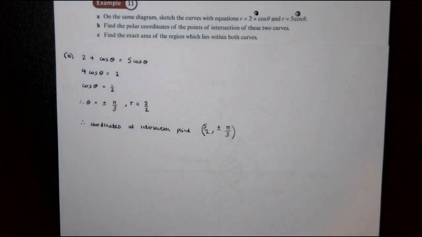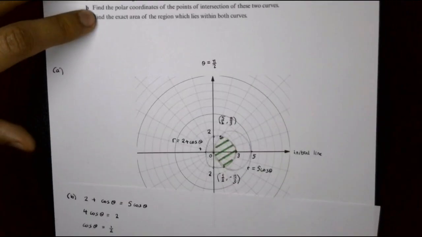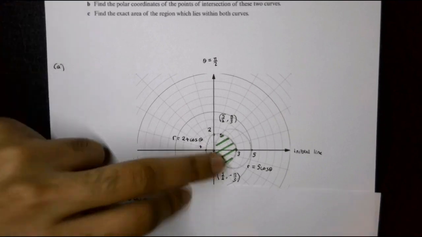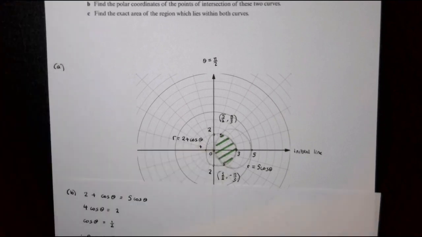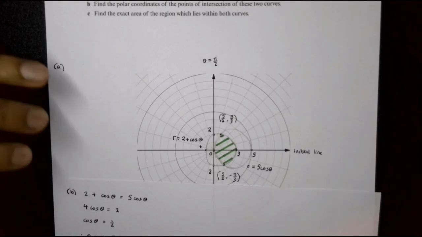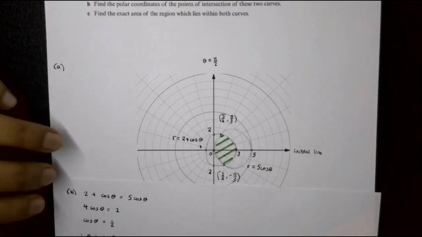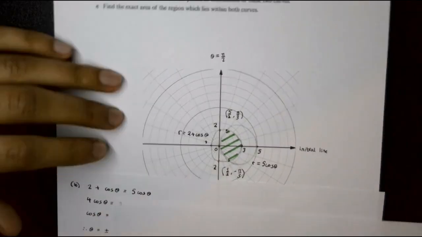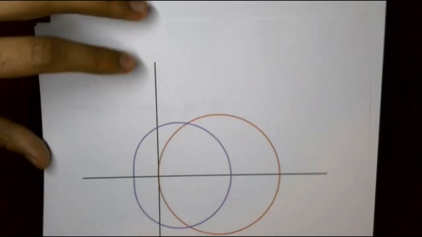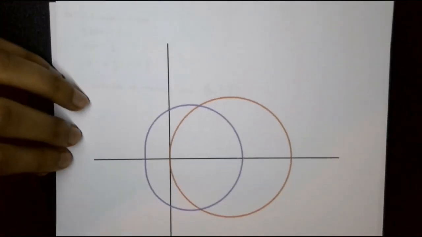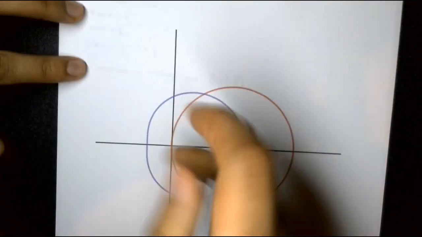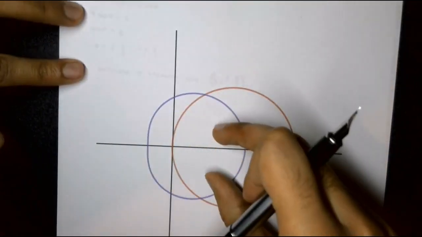Now for part C of the question, we have to find the exact area of the region which lies within both curves. So I've shown that over here in green, we need to find this green area over here. Now, if I show you this sketch in just a bigger format over here, so we'll do part C over here actually. We want to find essentially this area here.